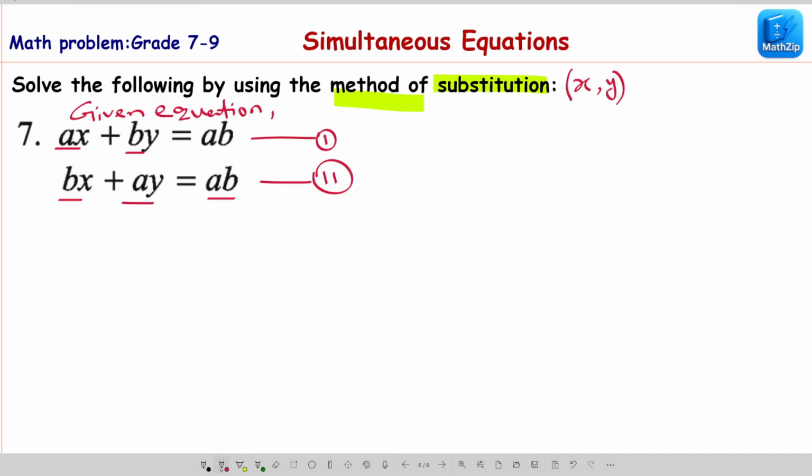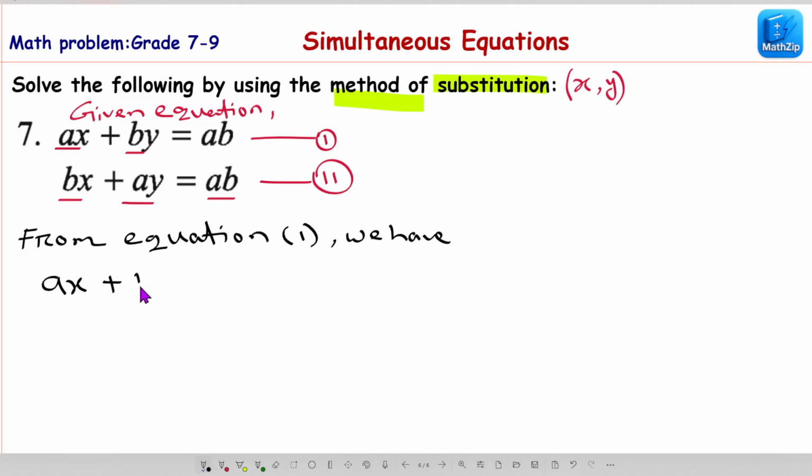Let's start. From equation 1, we have ax plus by equals ab.